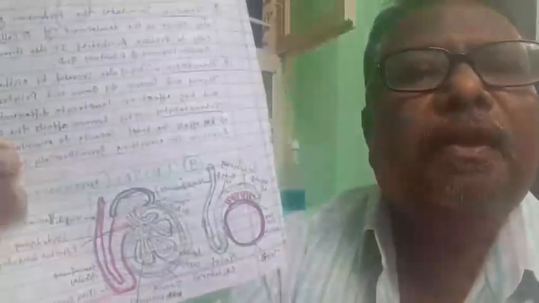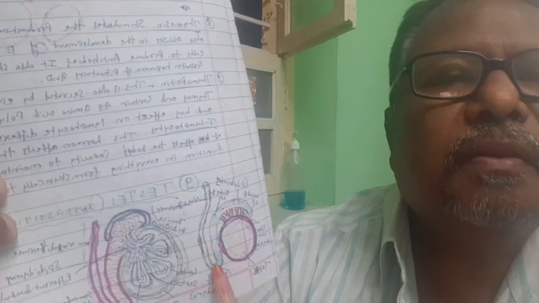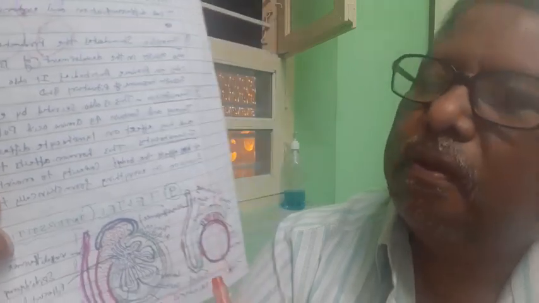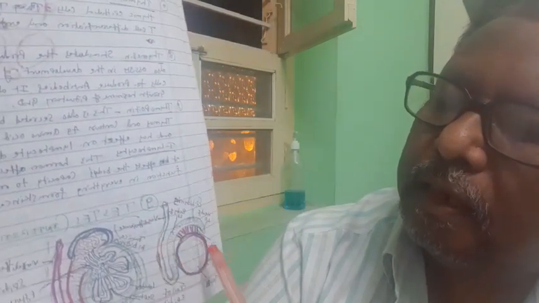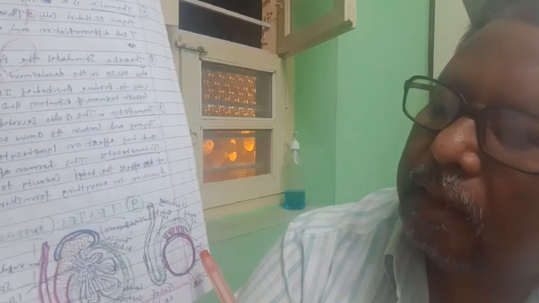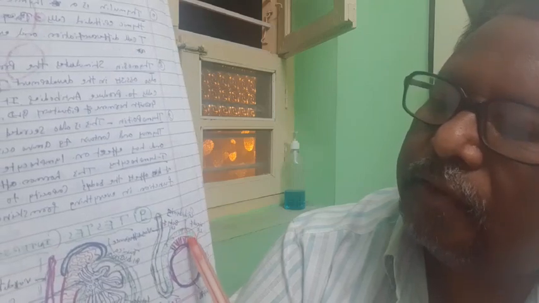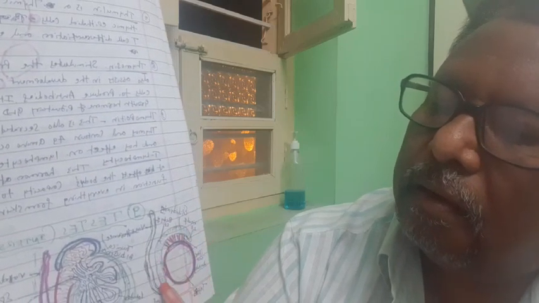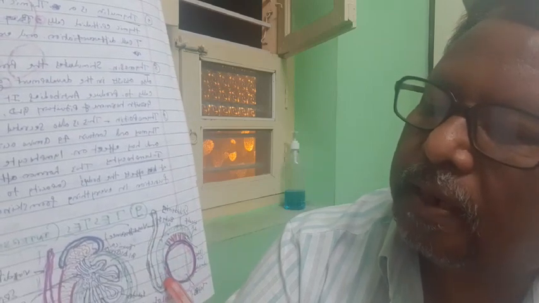So this is the testis here, this is the epididymis, from up till here, then it continues as the vas deferens. Then the efferent ductules are connected to the epididymis, the thick part.